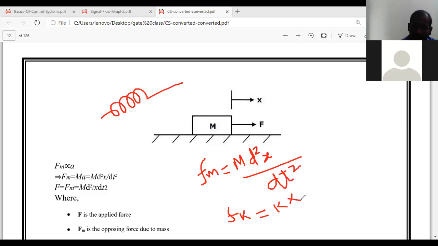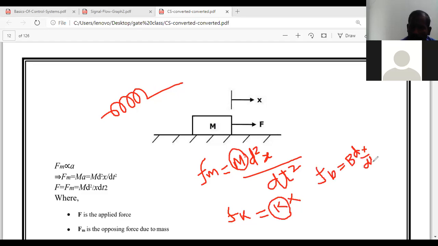Here m is the mass coefficient and K is the spring coefficient. And if it is a dashpot, FB is equal to B into dx by dt.